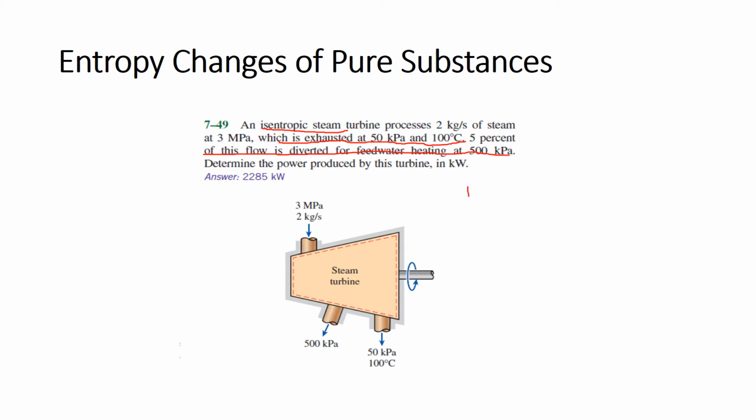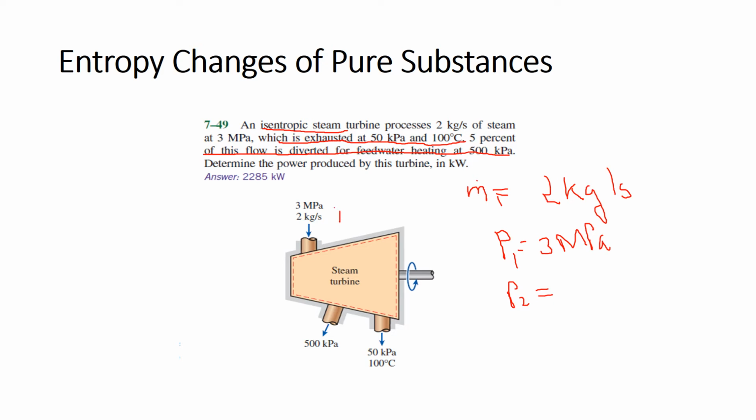So let's write what is given. The mass flow rate m dot 1 is given to be 2 kilogram per second. P1 is given to be 3 megapascal. What is also given? P2 equal to 500 kilopascal.